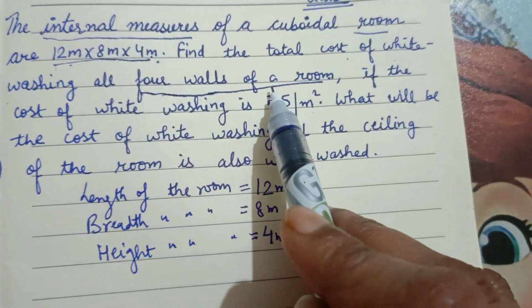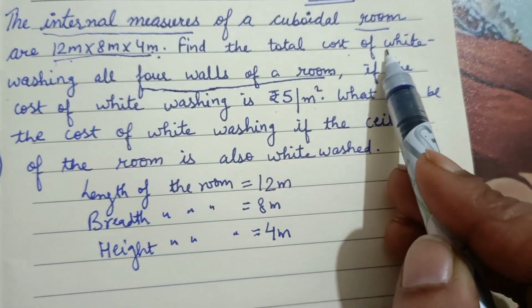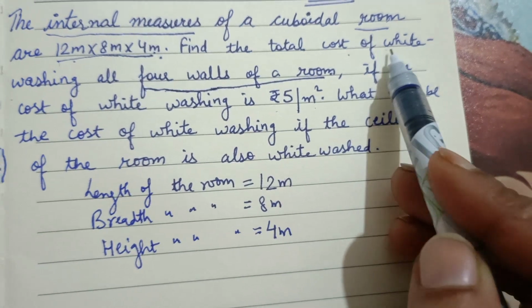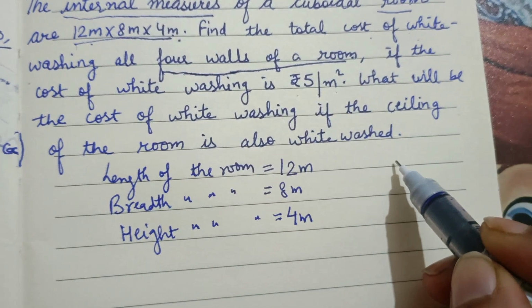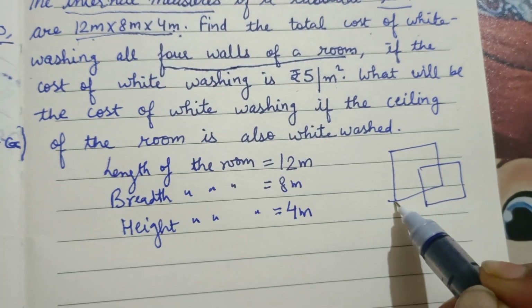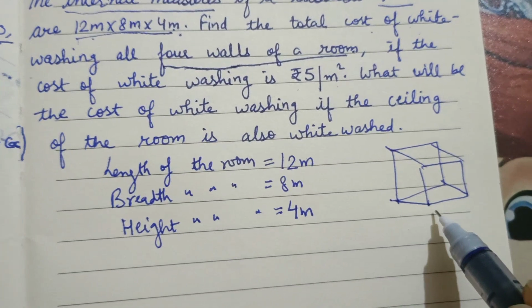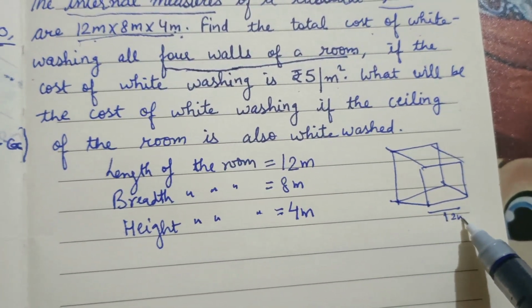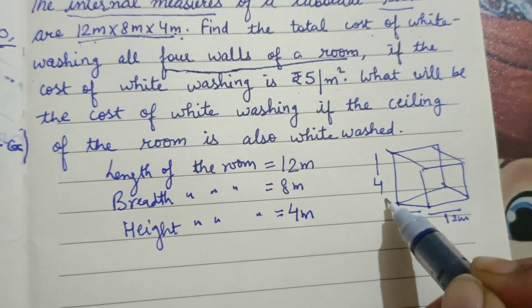We will find the area of the 4 walls which have to be whitewashed, and then we will find the total cost. If we see this cuboidal box, the length is 12 meter, breadth is 8 meter and the height is 4 meter.